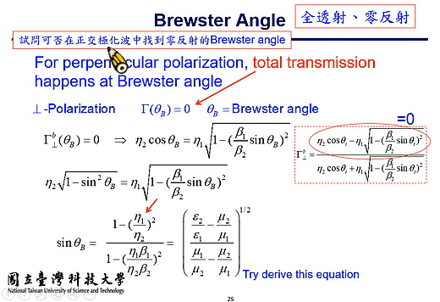So you see the sine of the Brewster angle can be fully described using the material properties of epsilon 2, mu 2 and epsilon 1, mu 1.